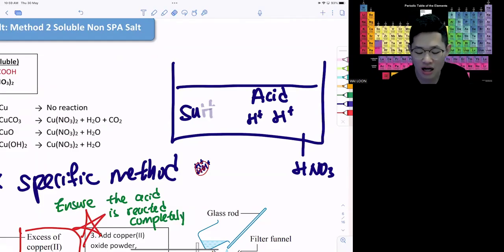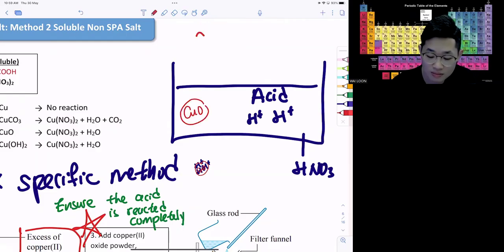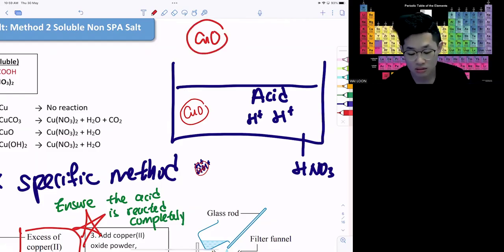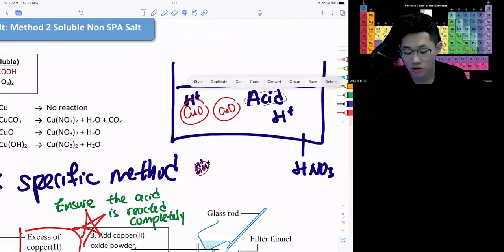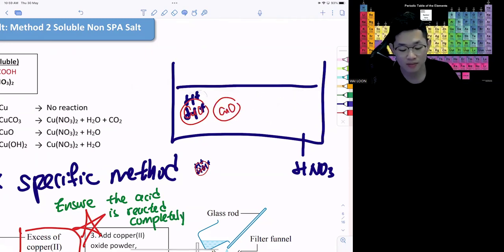So we have to add a lot of CuO, excess CuO, to make sure all the acid is reacted completely.